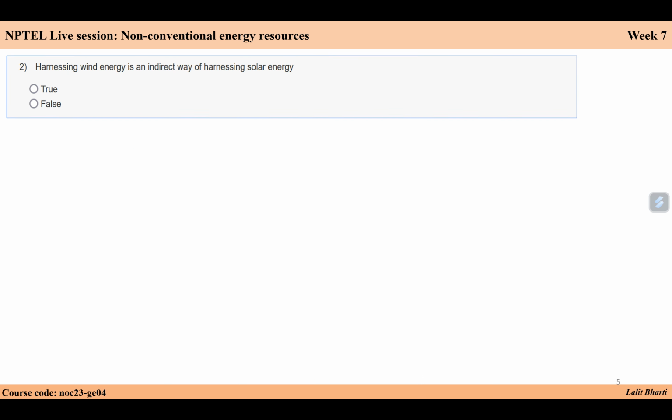Then we'll move to the second question. The second question says harnessing wind energy is an indirect way of harnessing solar energy. So how can we comment on that? How can we connect wind to solar?